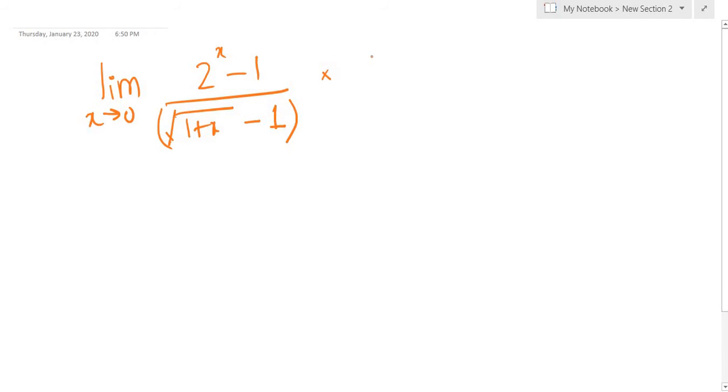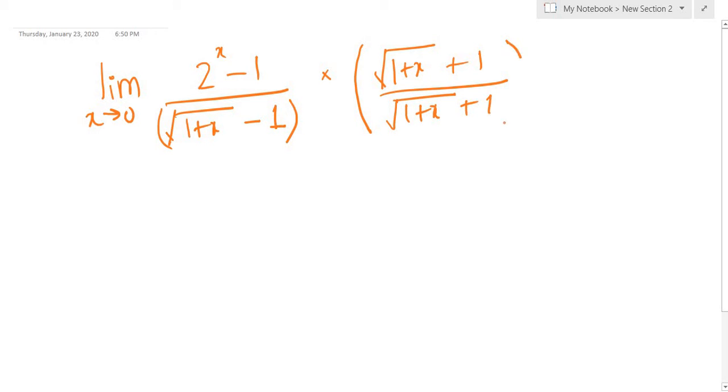The best strategy is to multiply and divide by the so-called conjugate of that term, so that we can use the difference of squares identity and get rid of the radical. Basically rationalize it.